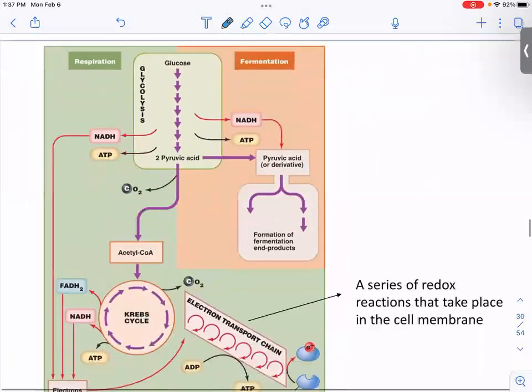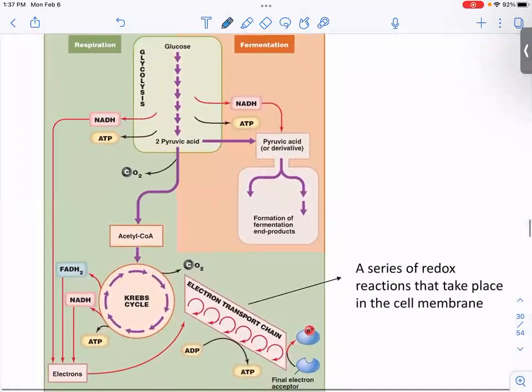Okay, so moving forward in aerobic respiration. This is our overview. We just got done talking about the Krebs cycle. We have these electrons coming off the Krebs cycle being carried by NAD, reduced NADH, and FAD, reduced FADH. I said before, it's all about the electrons.